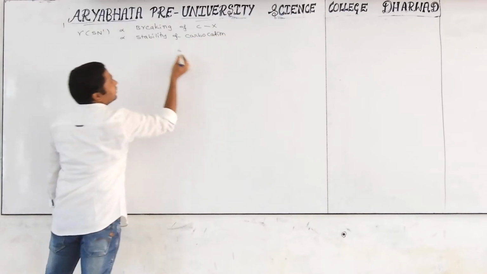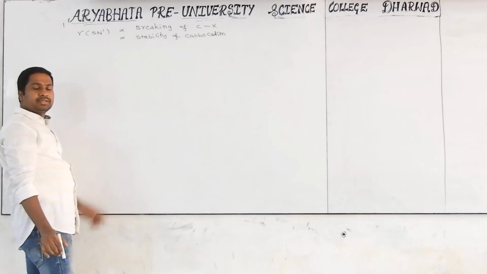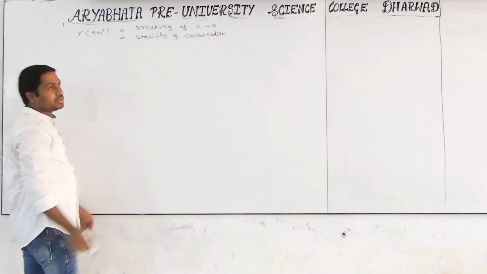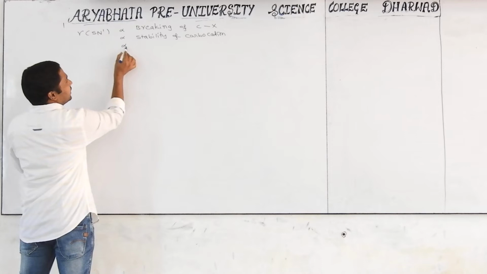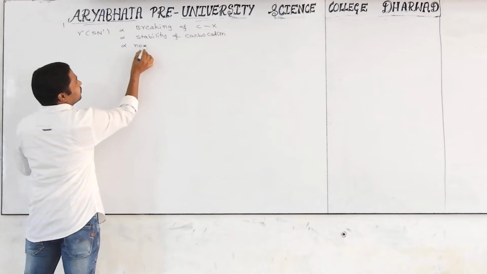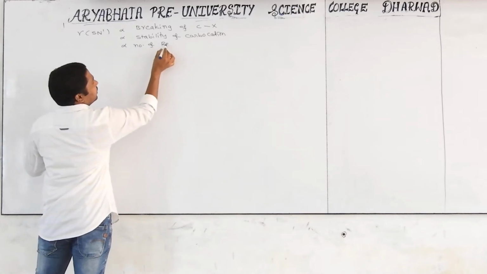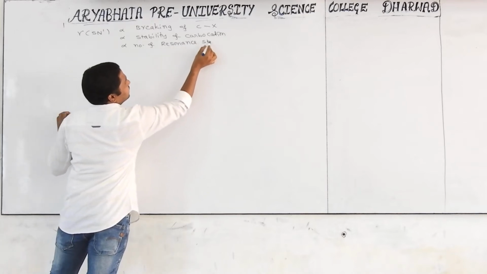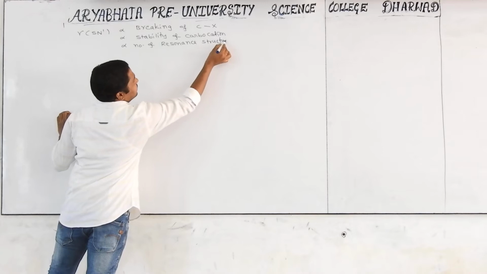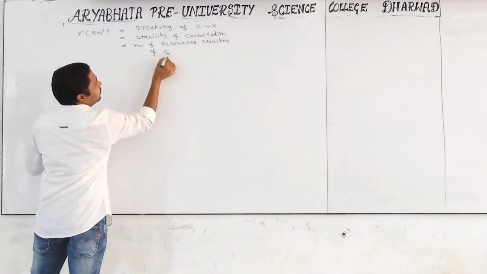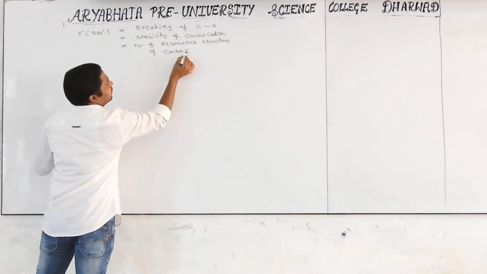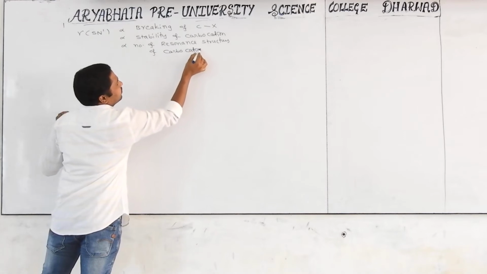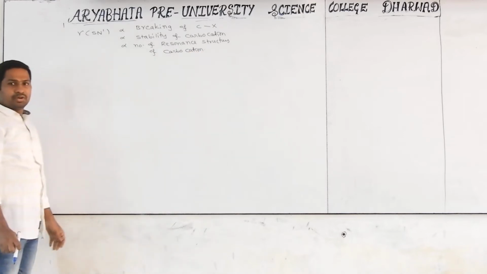You know very well, the stability of any particle is directly proportional to the number of resonance structures. That's why it is directly proportional to the number of resonance structures of the carbocation. Based on this, we are seeing so many examples or comparisons that we have to discuss.